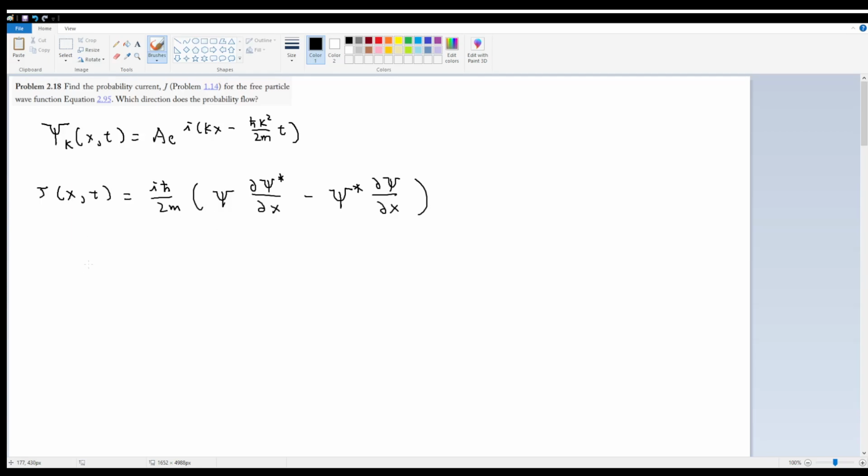Let's write this out fully. Psi equals A e^{i(kx - ħk²t/2m)}.